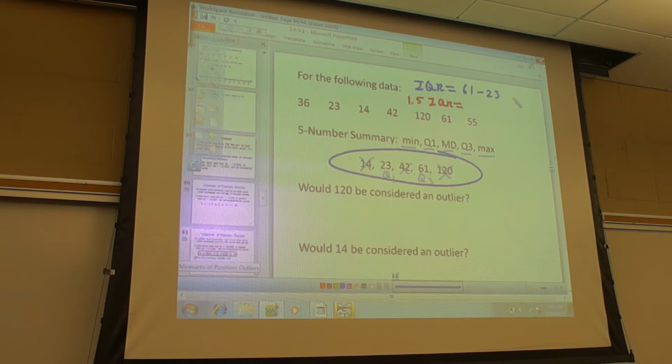If you need a calculator, I'm going to ask you in 15 seconds. 38. Thank you. So my IQR is 38. One IQR is 38. I need to know what 1.5 IQRs are. Everybody check with your neighbors. I'm going to randomly call on somebody in 15 seconds. Also check across the way.